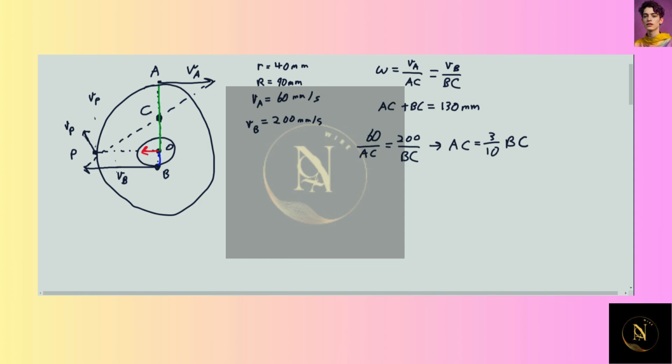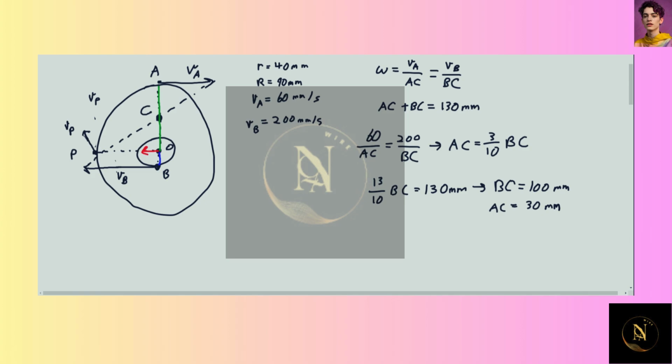So we can put that into our equation for AC plus BC. That gives us 13/10 BC equals 130 millimeters. In other words, BC must be 100 millimeters. In that case, AC, which is 3/10 of that, must be 30 millimeters. So this point C must be much closer to A than it is to B.